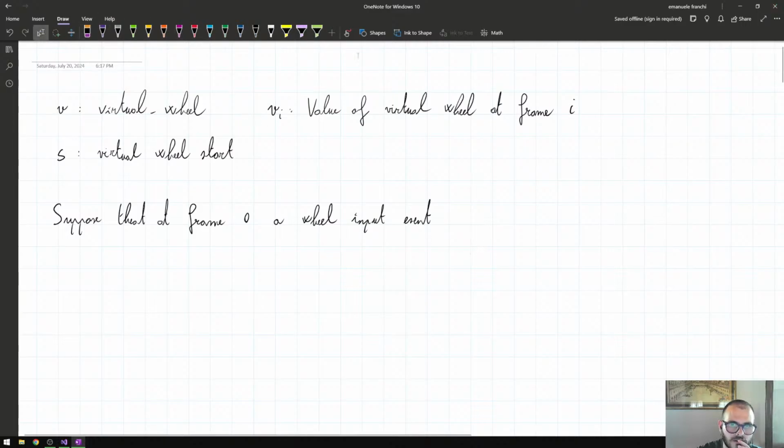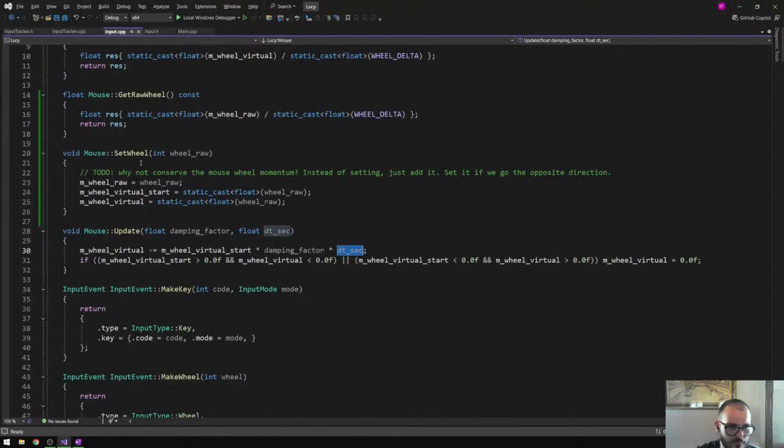I was already making a mistake. So we know that V0 will be the wheel start, basically, because we set the wheel. So the wheel start is the same as the wheel. I can do this, which is better.